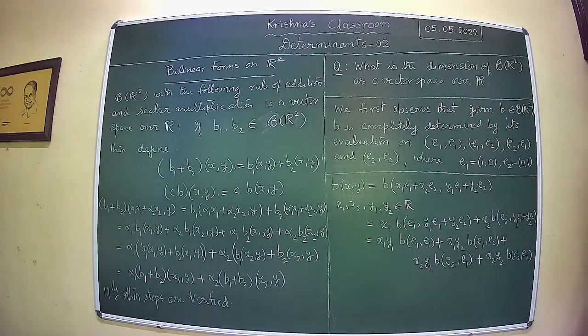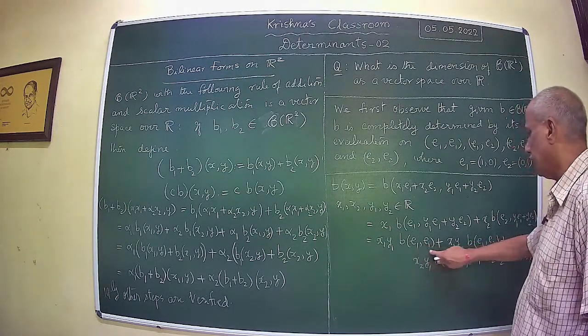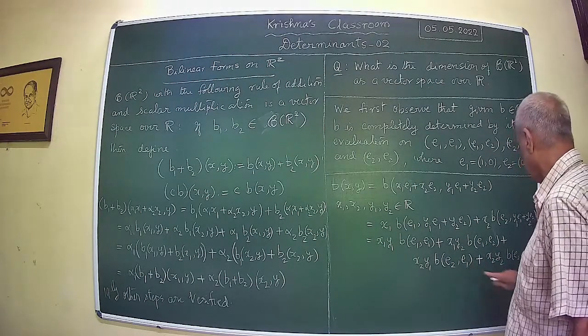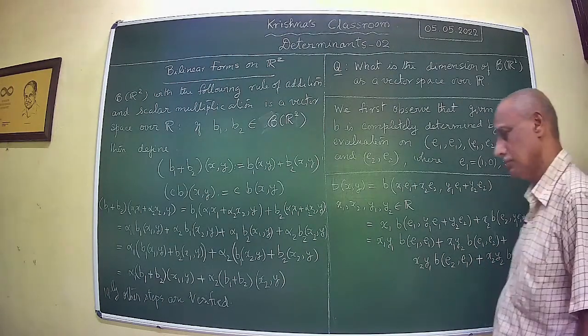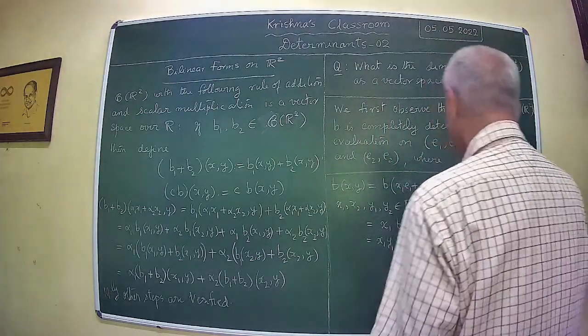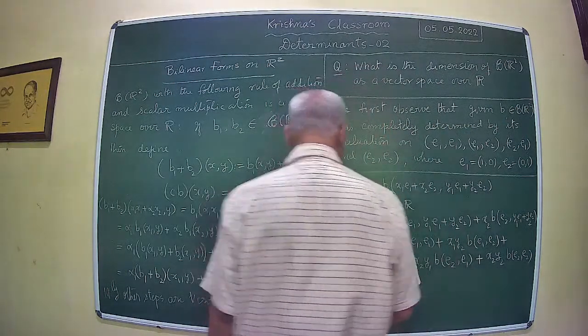This is it. Therefore, once you fix B(E1, E1), B(E1, E2), B(E2, E1), B(E2, E2), then B is completely fixed using the bilinearity. Okay.